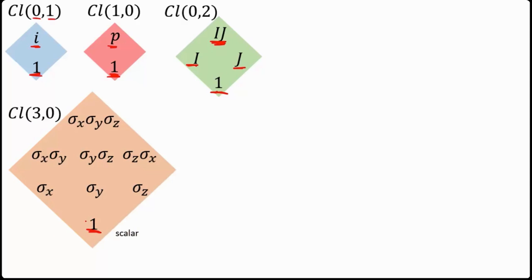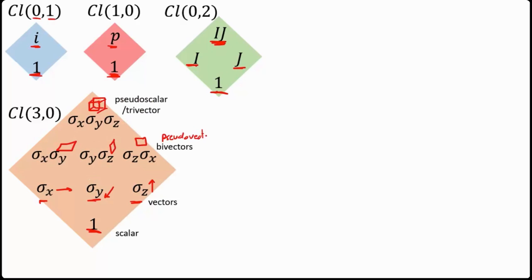You have your scalar here, and then these are your three vectors, which are your directions like this, and then your bivectors are sort of like your planes. Your three possible planes in three-dimensional space, and then your trivector. It's sometimes called the pseudo-scalar. I think bivectors are sometimes called pseudo-vectors as well.